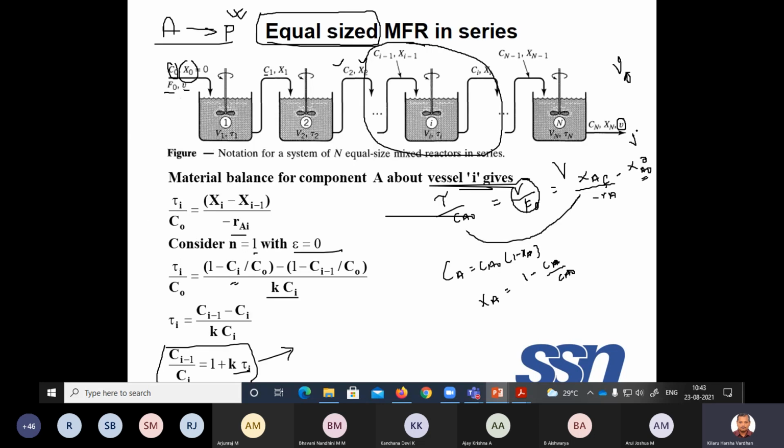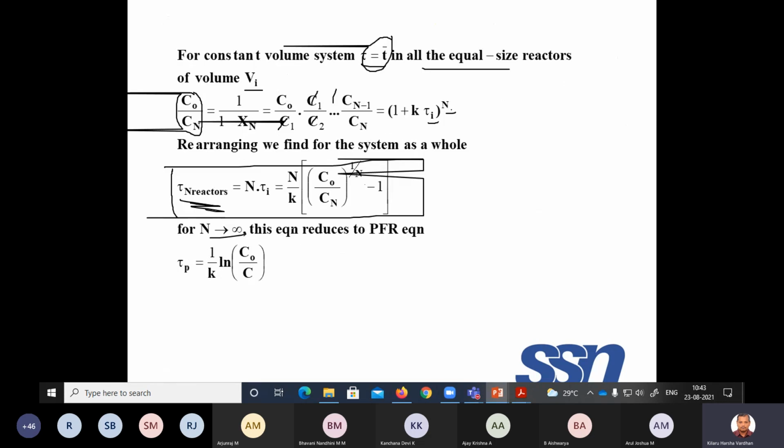If there is an infinite number of reactors, then this equation reduces to tau N is 1 by K ln C0 by C. This is nothing but a plug flow reactor.